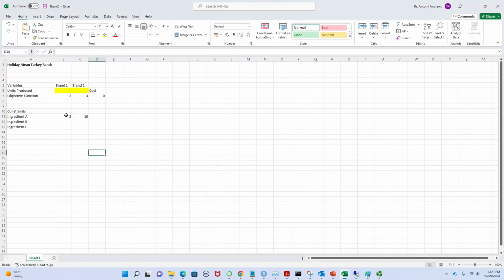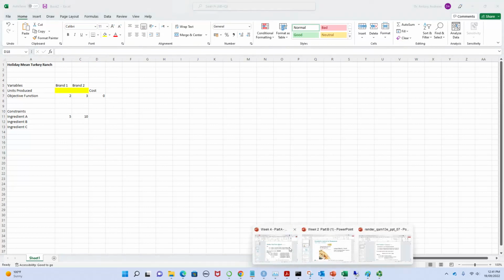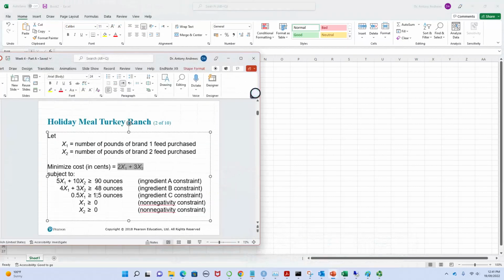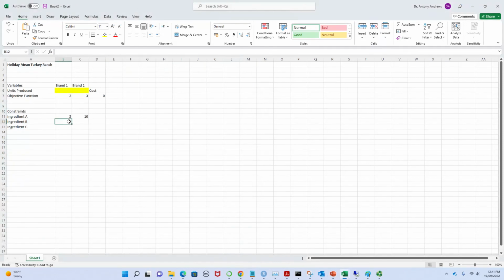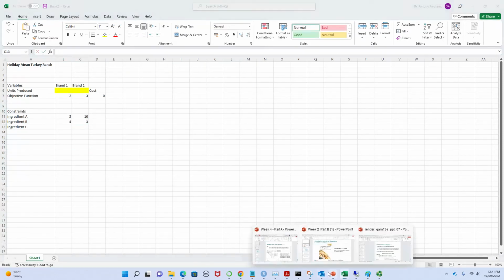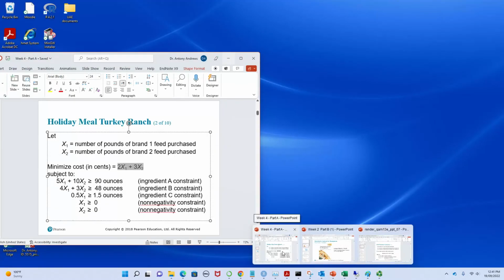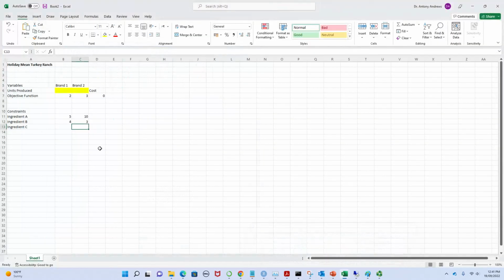Now remember, these need to multiply with our decision variable, and then it needs to be greater than or equal to that figure, right? Which figure I mean? This figure here. We'll put that figure later on. So 4, 3. So you got 4 and 3. And then the last one, we don't have anything for x2, so it's just 0.5 and 0. That's the constraint.